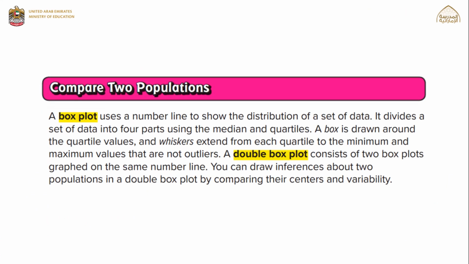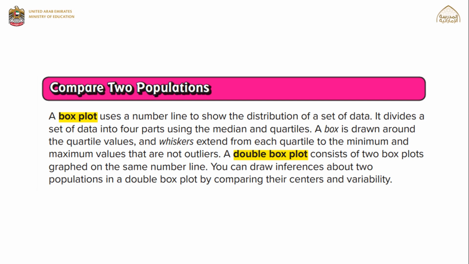Compare two populations. A box plot uses a number line to show the distribution of a set of data. It divides a set of data into four parts using the median and the quartiles.